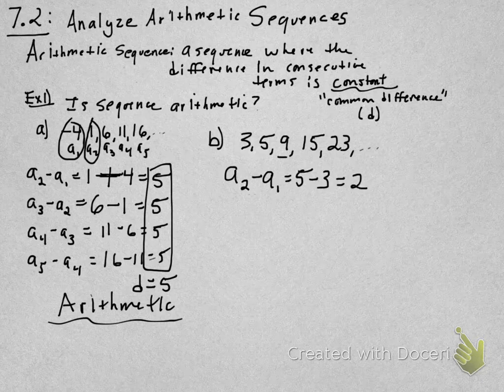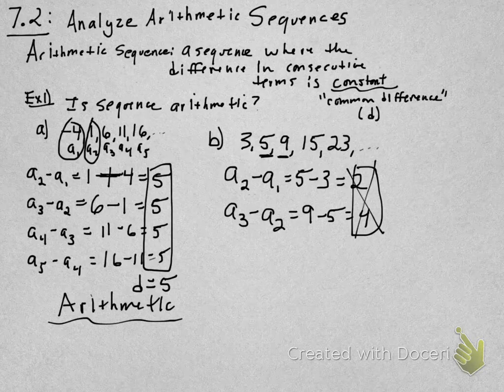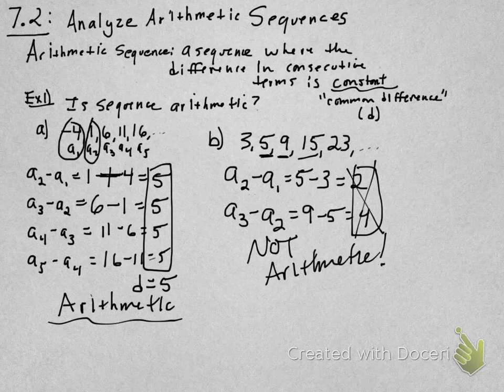The third term minus the second term, a sub 3 minus a sub 2, is 9 minus 5, which is 4. Right away, these are not the same, so I don't even bother checking the rest of these differences. As soon as the difference is not constant, I know this is not arithmetic. So that's the first thing you should be able to do: see if the common differences are the same. If they are, we would call that an arithmetic sequence.